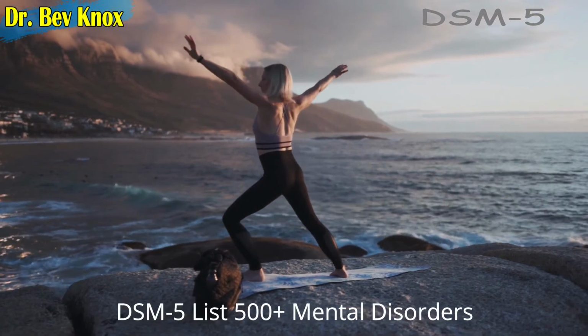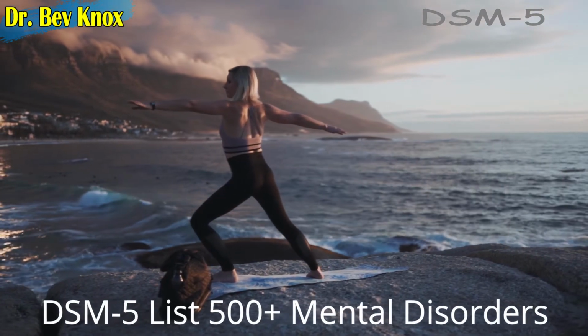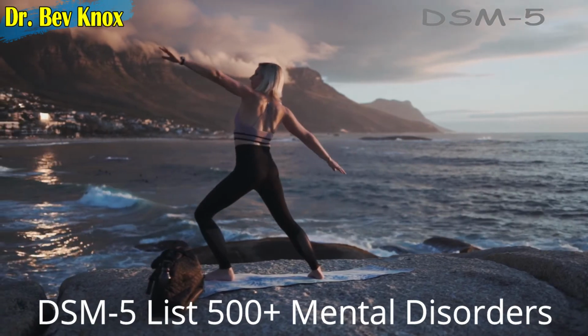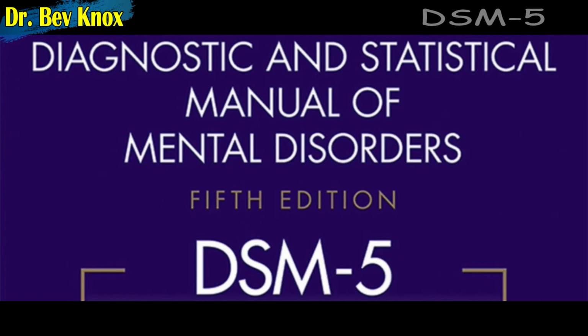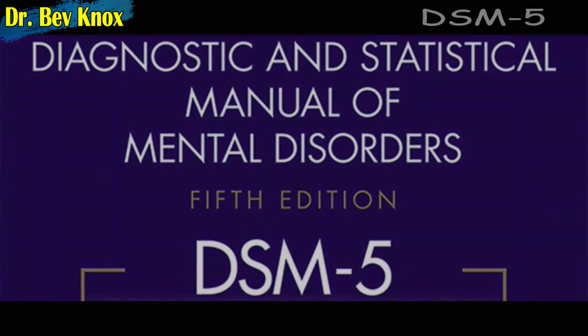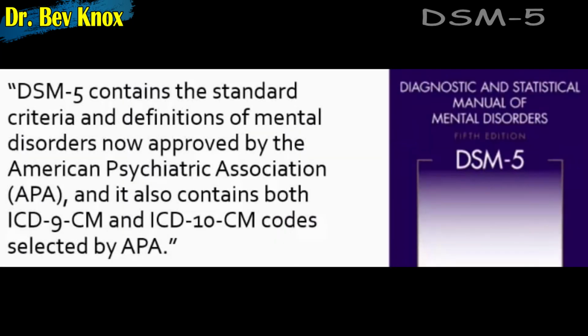The DSM-5 lists more than 500 mental disorders. Each entry describes the criteria for diagnosing the disorder and the key clinical features of the disorder. The entry also describes features that are often but not always related to the disorder.